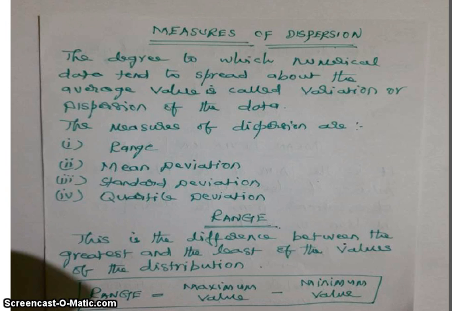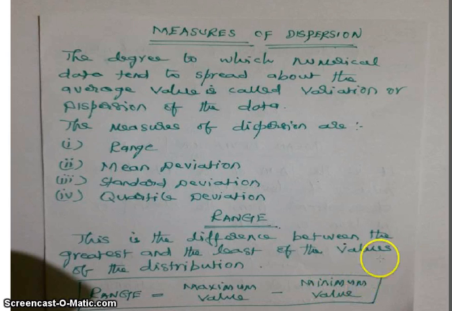First, let us start the discussion on range. Range is the difference between the greatest and the least of the values of the distribution. That means if you are given a set of values, the range can be calculated by deducting the lowest value in the data from the highest value in the data.